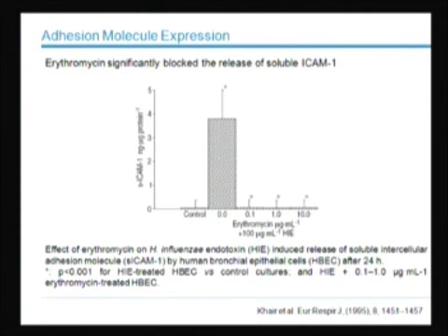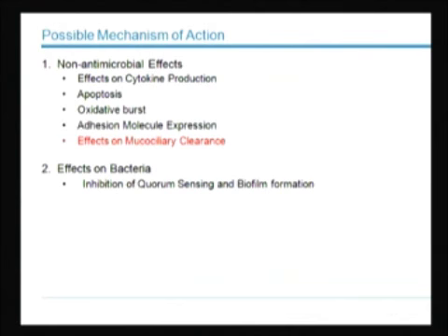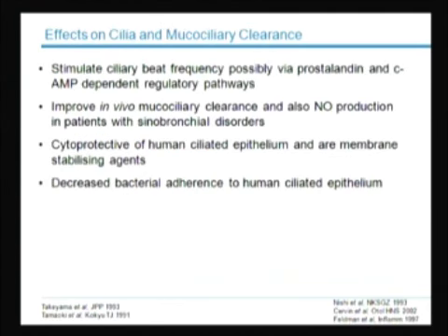Again, this is also another study where erythromycin at different concentrations is seen to be very effective in reducing the release of soluble ICAM1. The effect on mucociliary clearance would also be to stimulate the ciliary beat frequency, and improvement in mucociliary clearance is also possible with the macrolides.